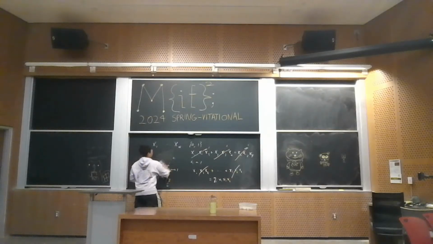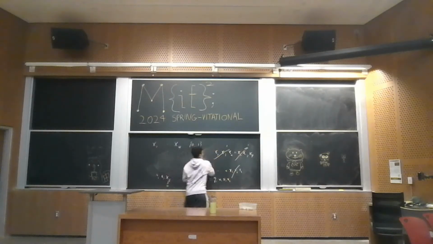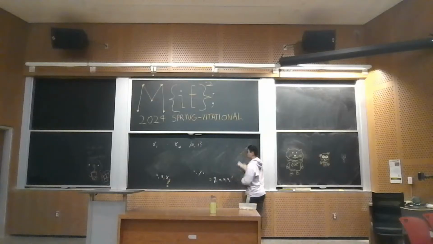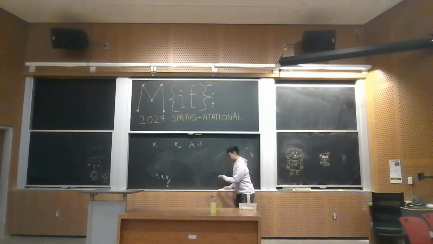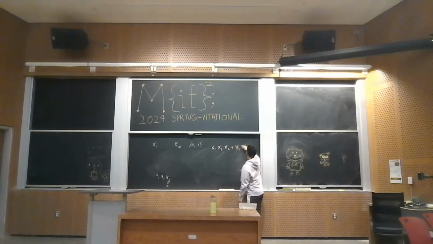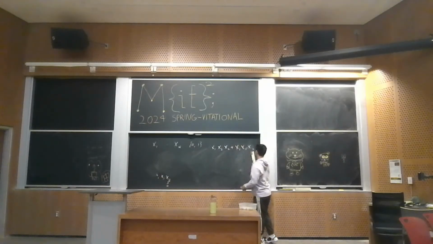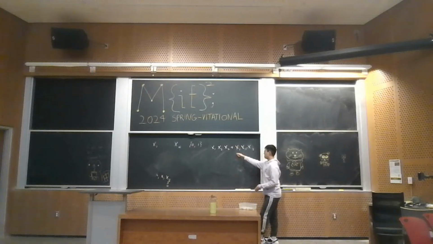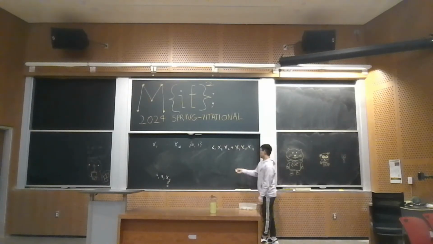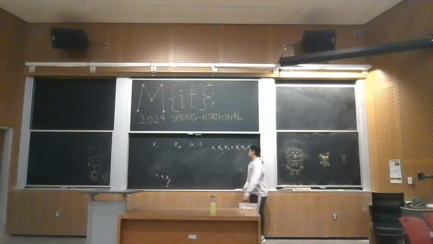Now, you might have noticed that in the second sample case, where the expression is x1 x2 x2 plus x1 x1 x2, this is an example of an expression where there's no duplicate clauses, but nonetheless, no matter what we set x1 and x2 to, this expression will always be even.